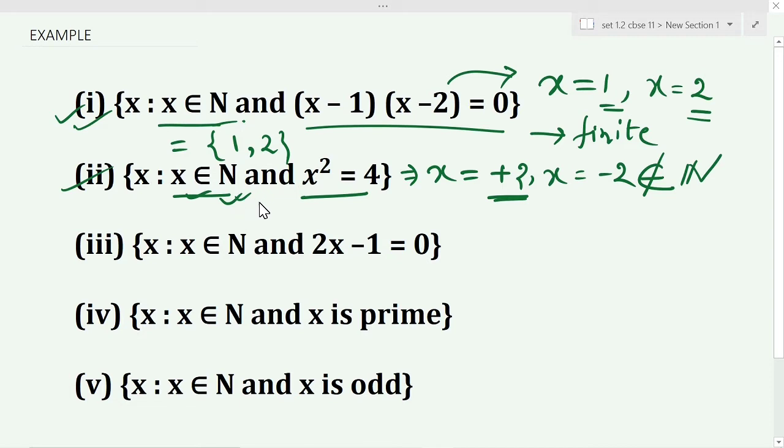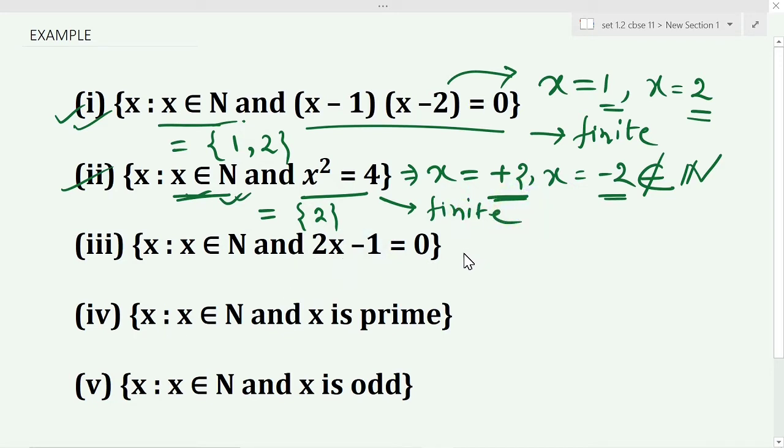But we can write this set as {2}, because minus 2 does not satisfy that condition. So minus 2 does not belong to this set. So the only element belonging to set 2 is 2, and we can count it, that the set has only one number. So it contains finite number of elements. So it is also a finite set.